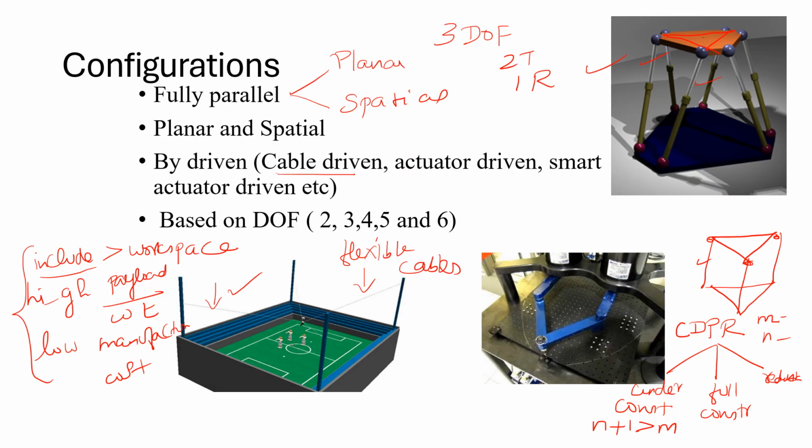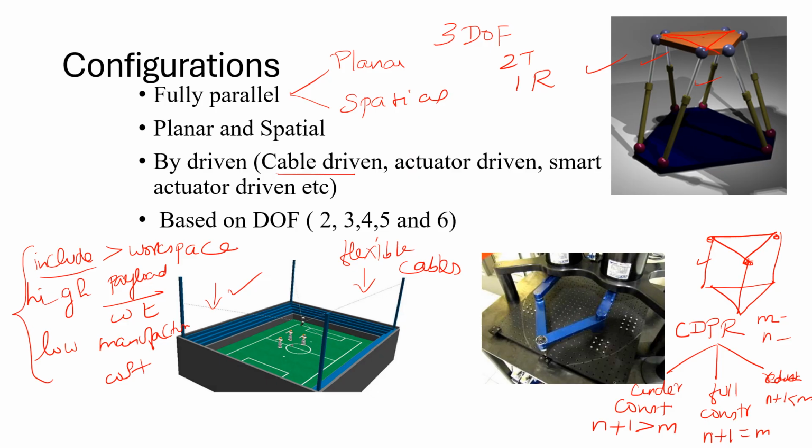and the condition for a fully constrained cable driven parallel manipulator is that n plus 1 should be equal to m. So obviously, for a redundantly constrained parallel manipulator, the condition will be n plus 1 less than m. For the fully constrained and the redundantly constrained manipulators, we determine the position and orientation by the length of the cable.